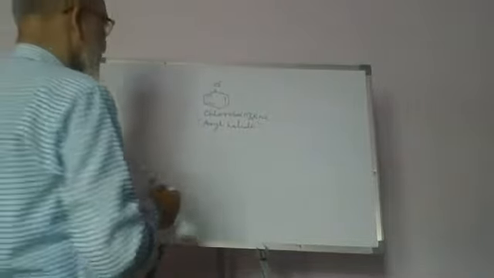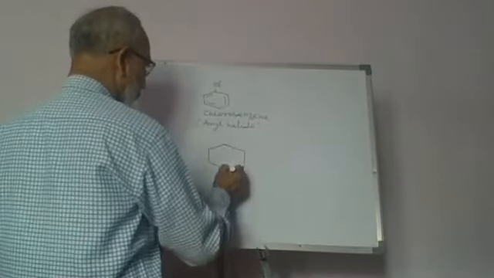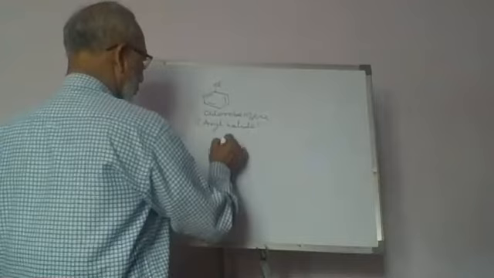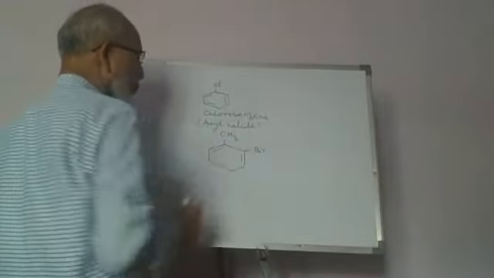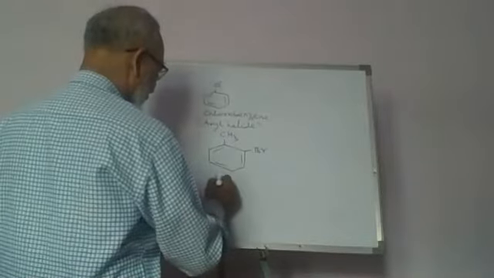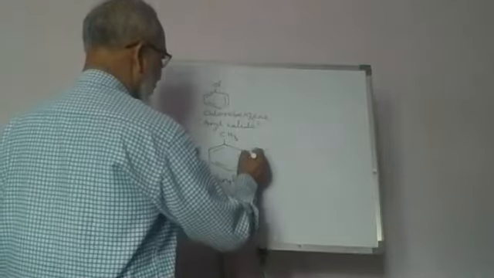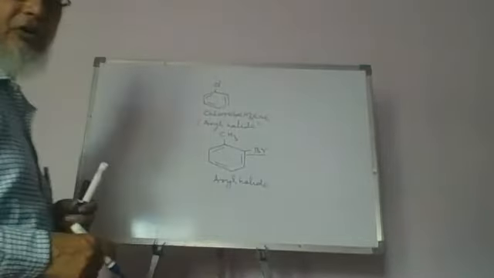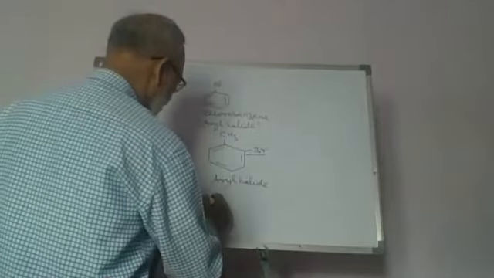Similarly, this compound is also aryl halide, because halogen atom is directly attached to the benzene nucleus or aromatic nucleus, and it is called as orthobromotoluene.